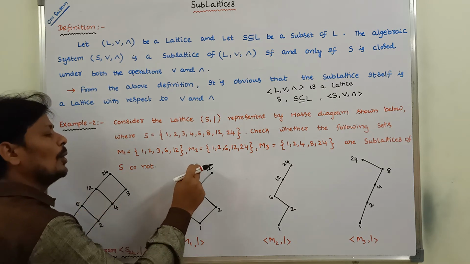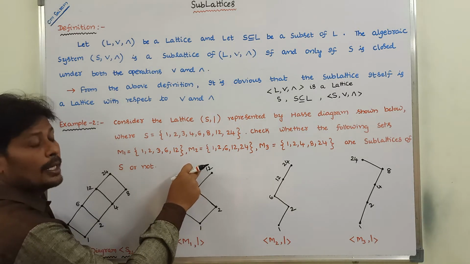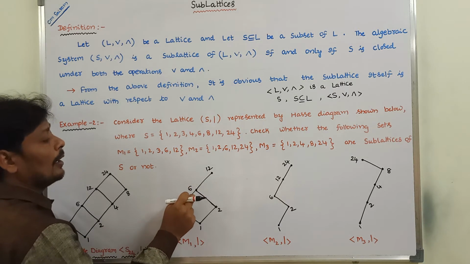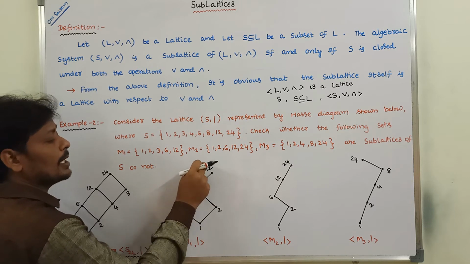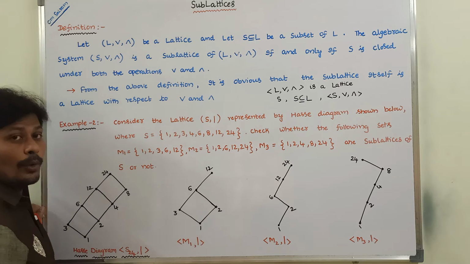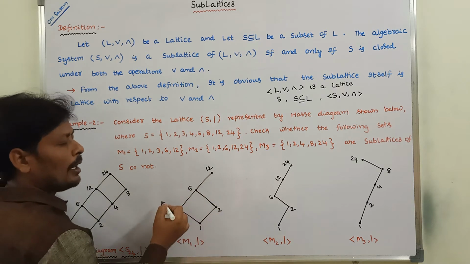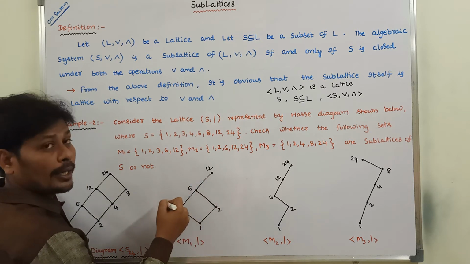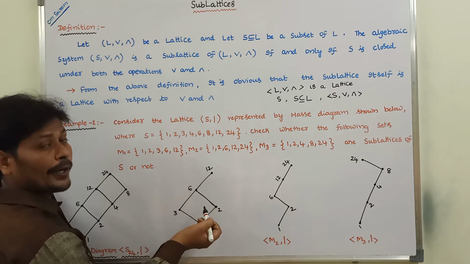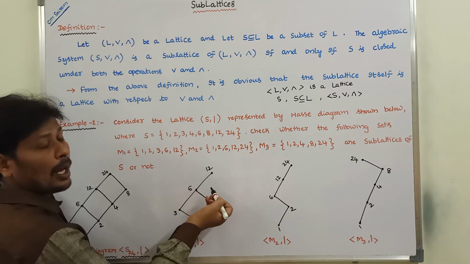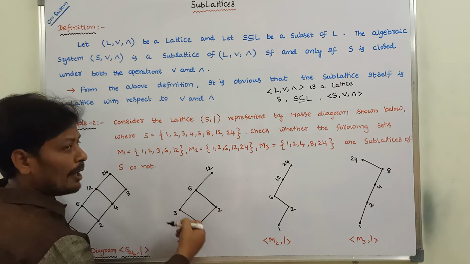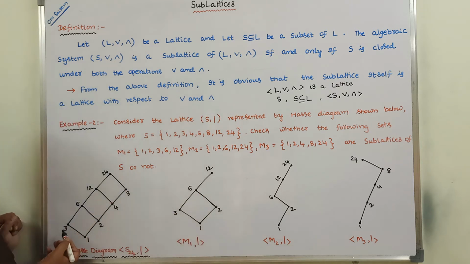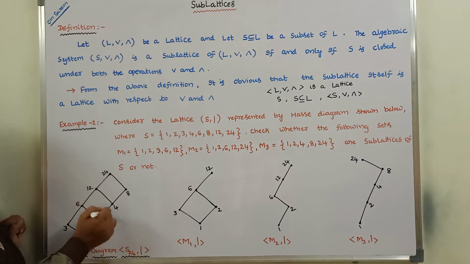In this also, for 6 and 12 the least upper bound is 12 and the greatest lower bound is 6. Whatever pair of elements we consider, the least upper bound and greatest lower bound that exist in M1, the same LUB and GLB also exist in the main Hasse diagram.